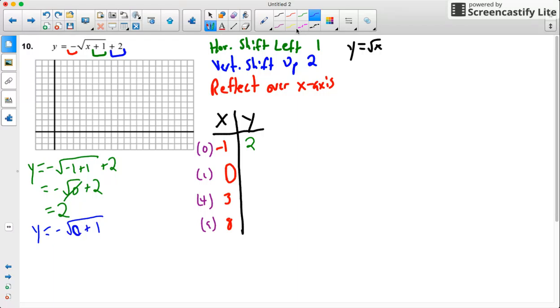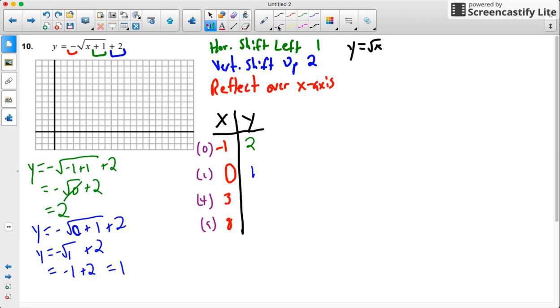That's all right, we recovered. If I make this a 0, and then add 2, this is y equals the negative square root of 1 plus 2, which is negative 1 plus 2, which is equal to 1. So there's my 1.